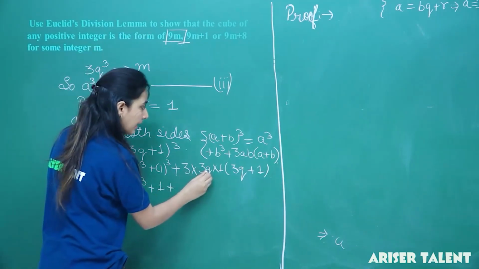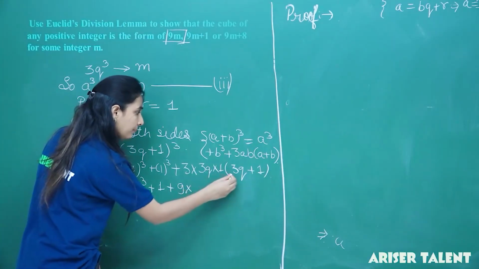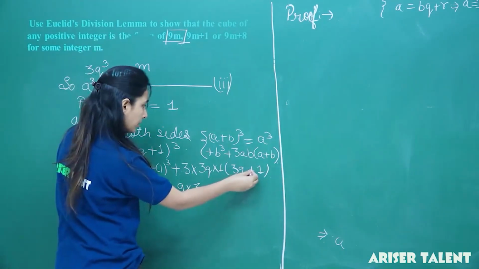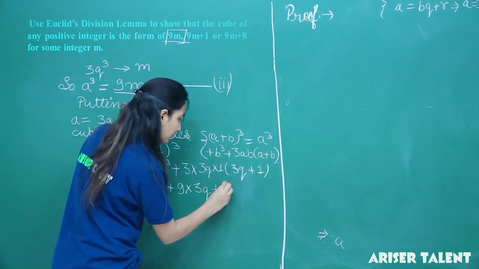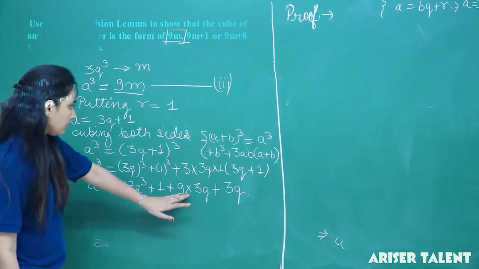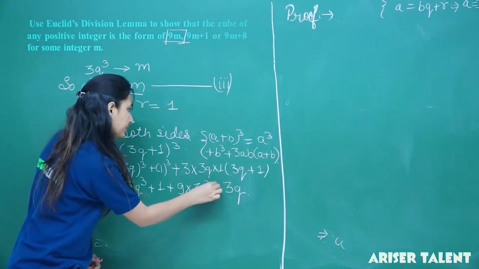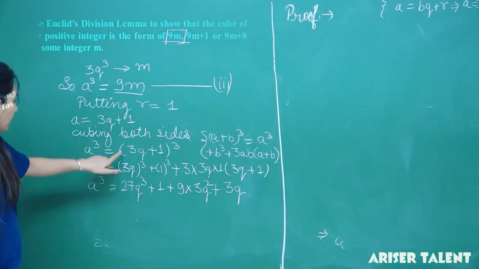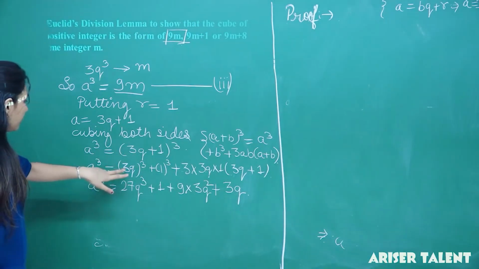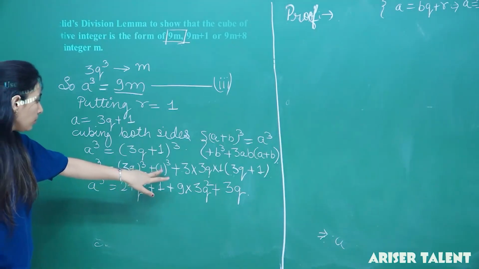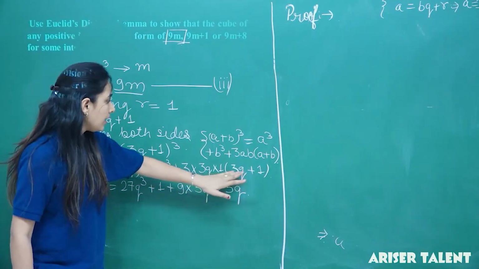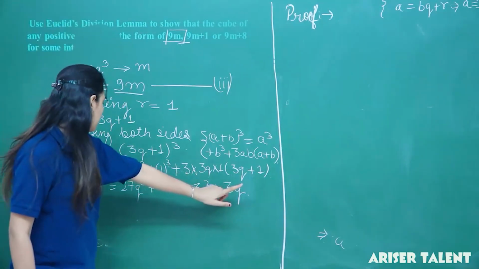Now 9 multiplied by 3q plus, that will become 3q square. We had 3q plus 1. We cubed it, (3q) that is 9q cube. Then 1 cube, 3, (a + b), that will be right.